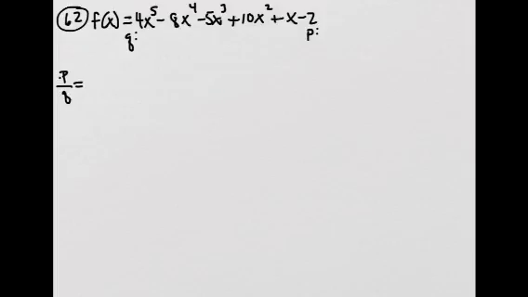Okay, so the factors of P are plus or minus 1, plus or minus 2. The factors for Q are going to be plus or minus 1, plus or minus 2, and plus or minus 4. And so you take all the P factors over the Q factors, and we get plus or minus 1, because 1 over 1. Then, again, I'm taking this 1 over each of these.